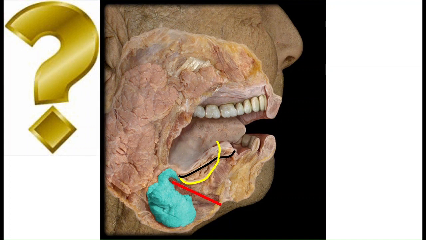It is in the floor of the mouth, and the nerve hooks the duct from underneath, so it goes underneath the duct and then goes towards the tongue. This kind of relation should be taken care of whenever a person works in this area.